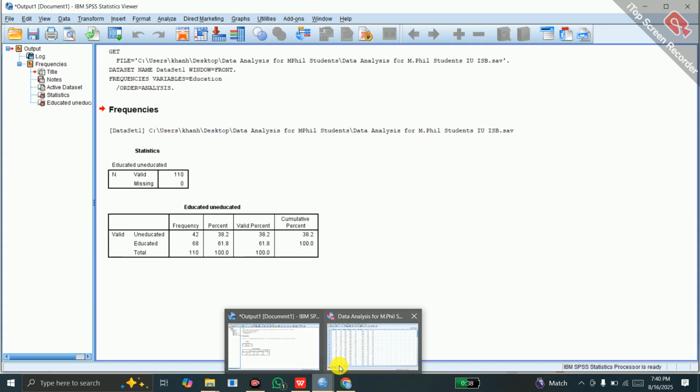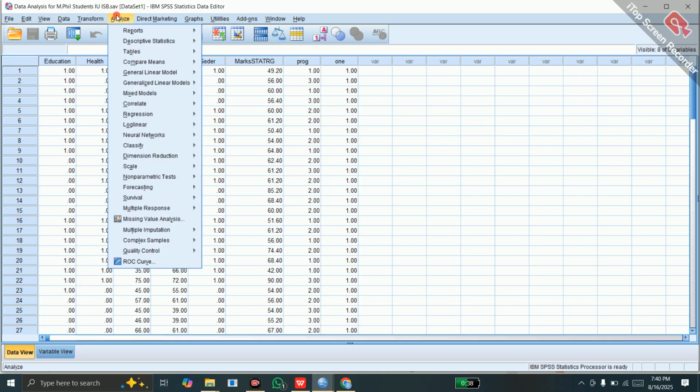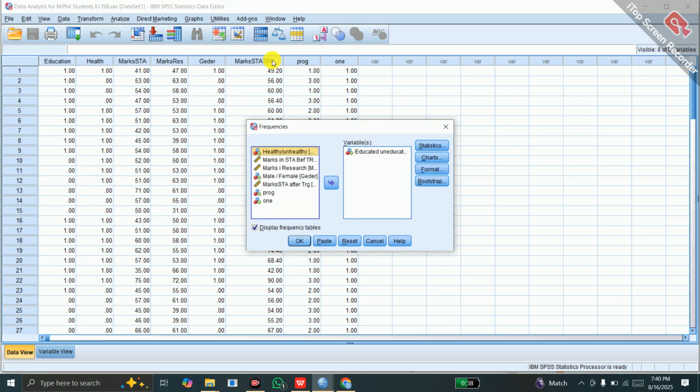Now let me also show you the frequency distribution of the health variable. To do that, I'll go to descriptive statistics, then frequencies, and let me send this variable, health, over here and click OK.